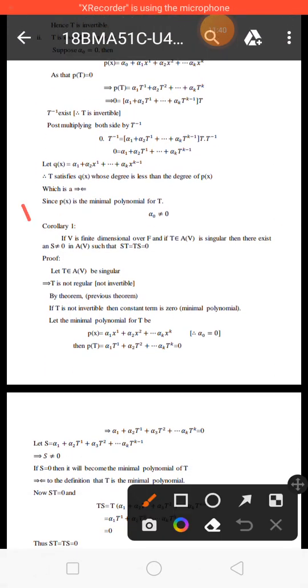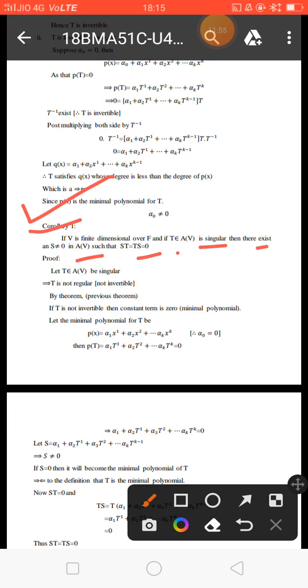Our next corollary: if V is finite dimensional over F and if T belonging to A(V) is singular, then there exists an S not equal to 0 in A(V) such that ST equals TS equals 0. Proof: let T belonging to A(V) be singular, which implies T is not regular. By the previous theorem, if T is not invertible, then the constant term of the minimal polynomial is 0.